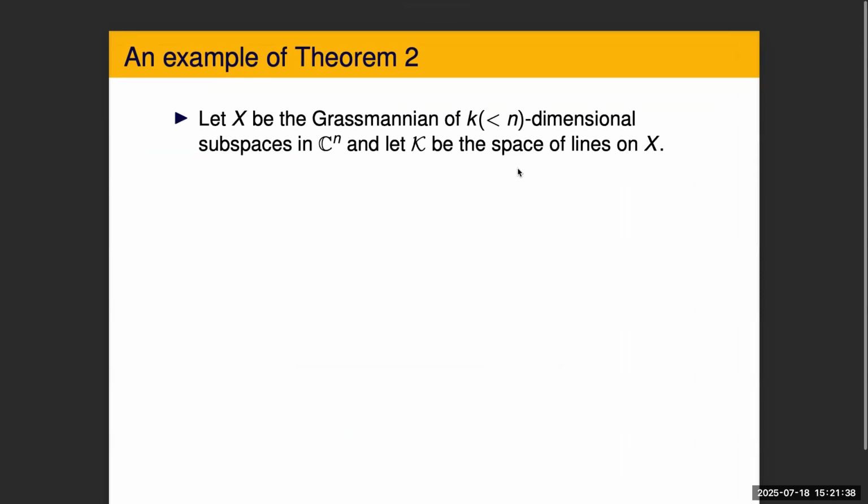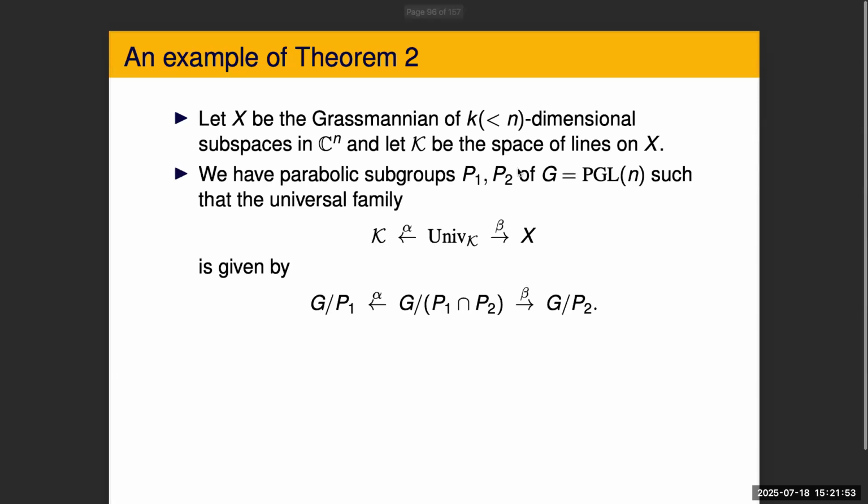To illustrate this theorem, let's look at a simplistic example. Let X be the Grassmannian, and let's choose K, the space of lines on the Grassmannian. In this case, we have parabolic subgroups, P1 and P2, of the automorphism group of the Grassmannian, such that the universal family map is just this quotient by the two parabolic groups.